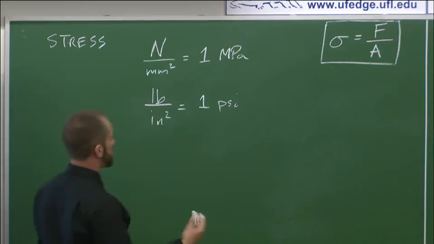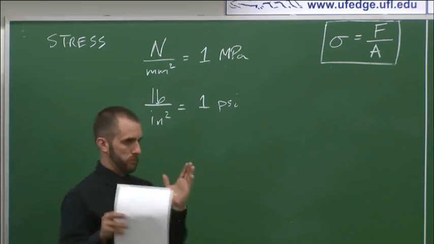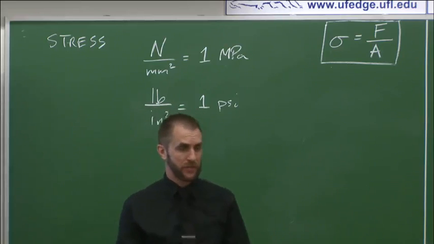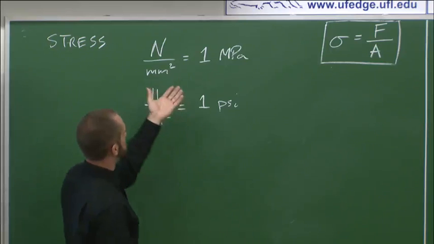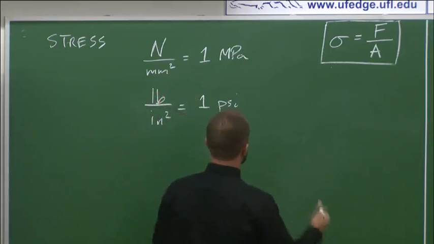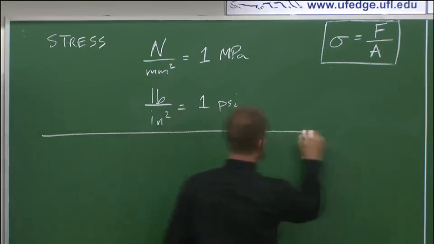All right, so how does this relate to materials? Real-world structures are made of different things, and different materials have a different capacity for stress. Since real-world materials have physical limits, let's look at those. I'll make a little chart right here.